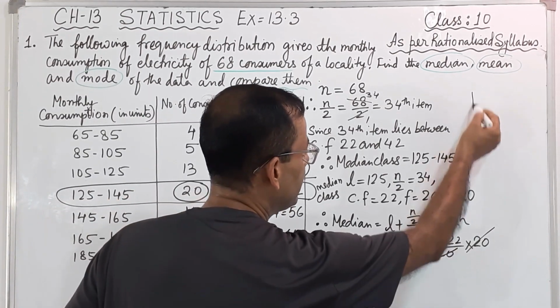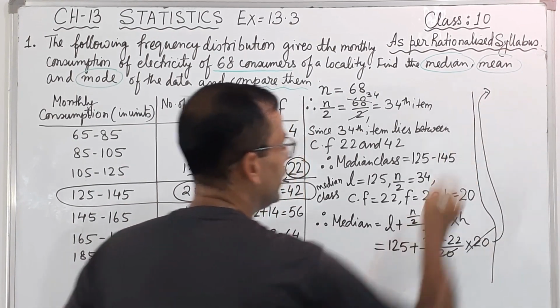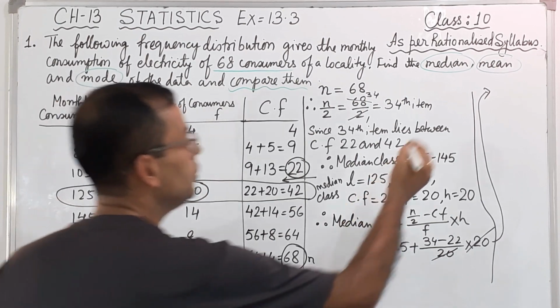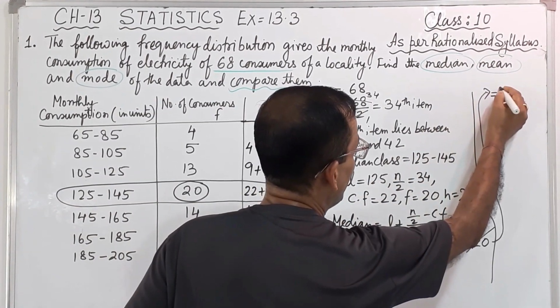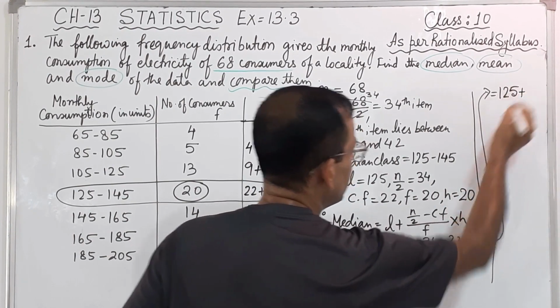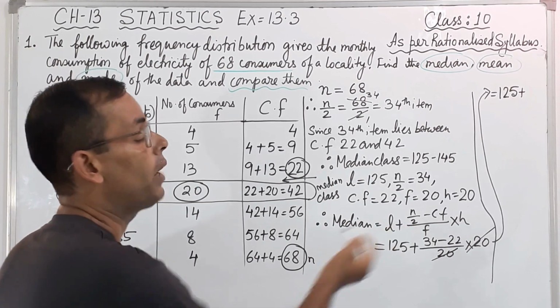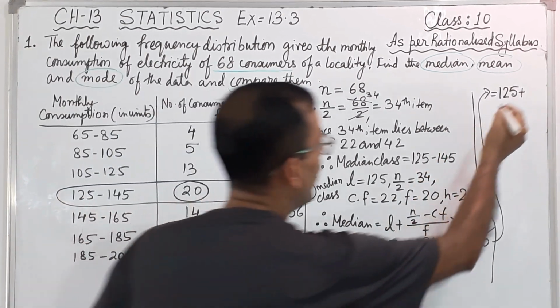Now after that, equal to 125 plus. Now 20, 20 already I have cut. Now 34 minus 22 is how much? 12.